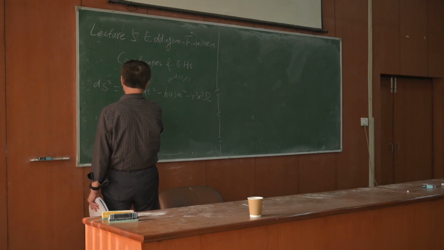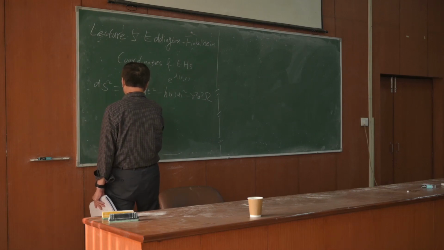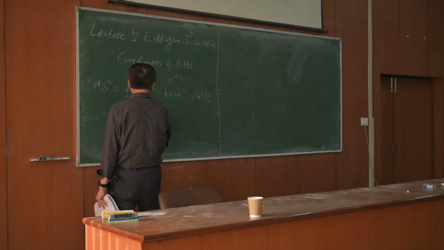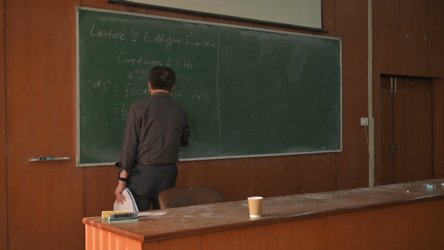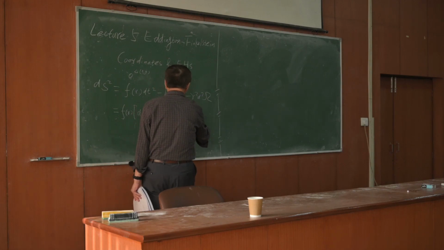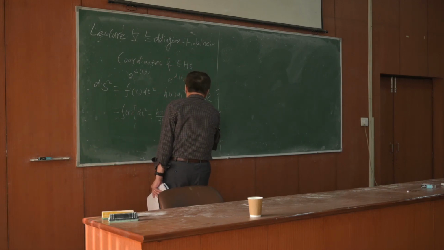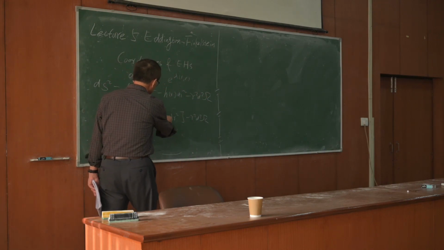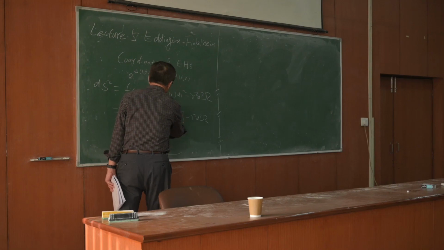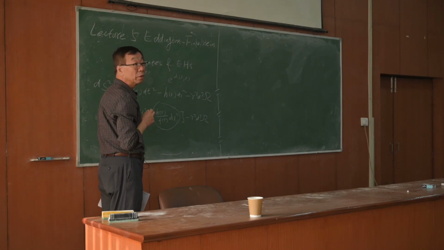From here I'm going to take f out. This gives me dt squared minus h(r)/f(r) dr squared minus r squared d omega squared. The reason I do this is that I introduce a new radial coordinate.